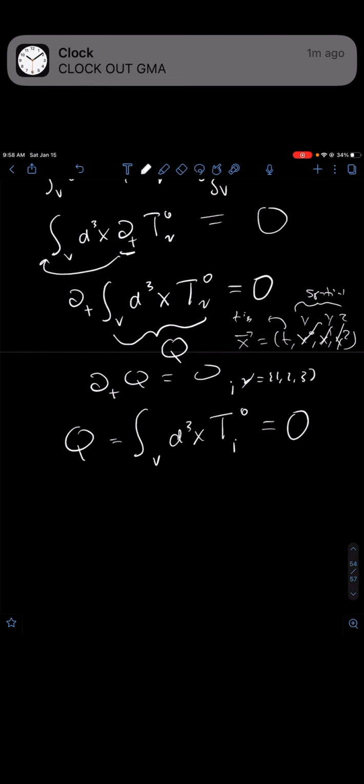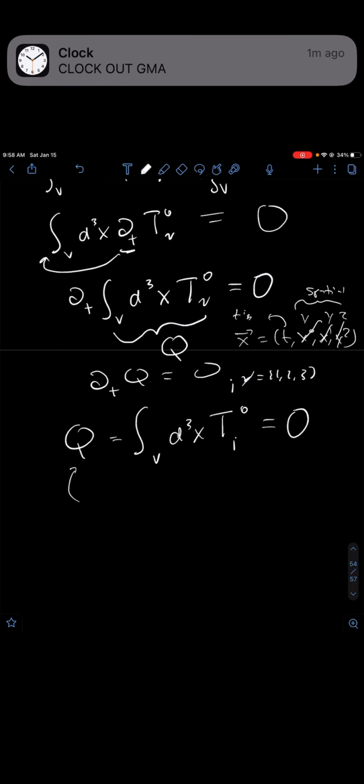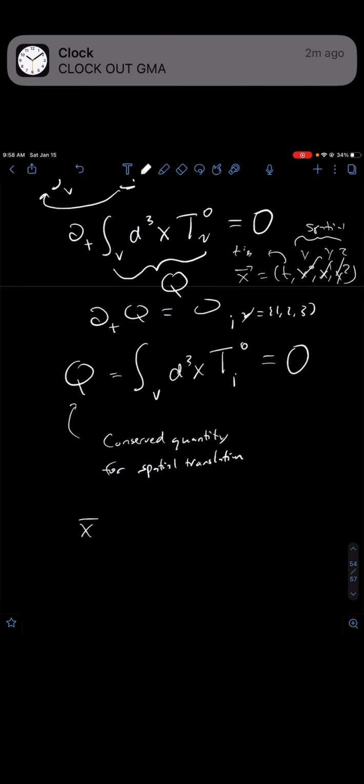All right. So we call Q, get ready for this, we call Q the conserved quantity for spatial translations, right? Since again we had some point in space-time x turning into x plus a, right?